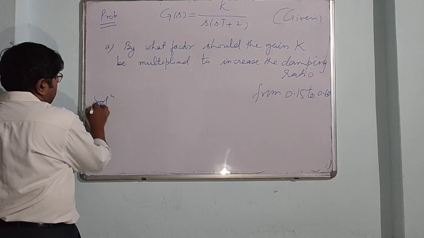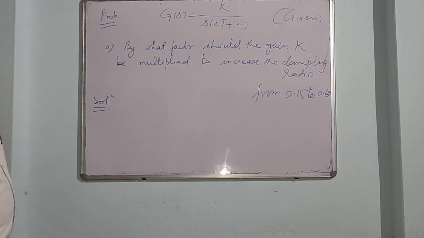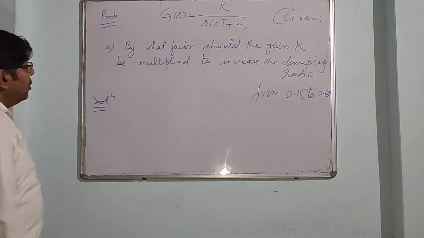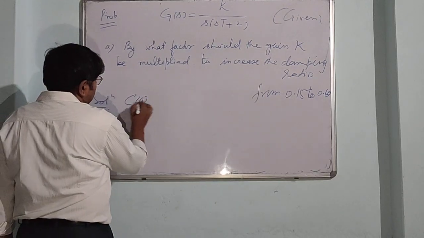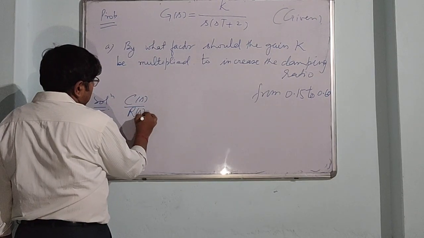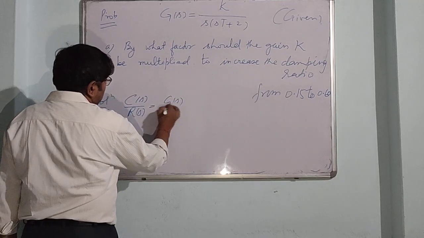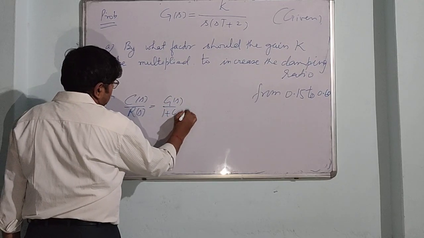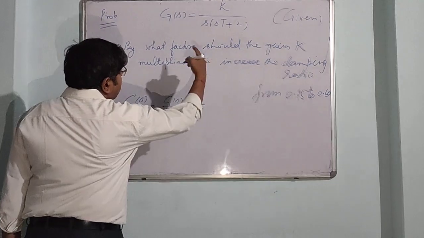Look here for the solution. By what factor should the gain K be multiplied to increase the damping ratio? First you have to calculate the closed loop transfer function, which is given by G(s) upon 1 plus G(s), and from here you can calculate.